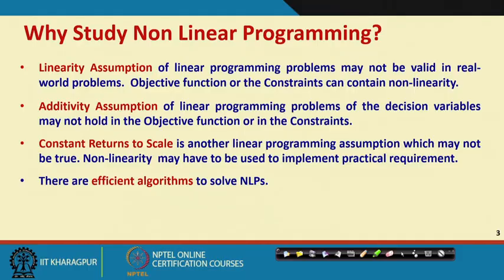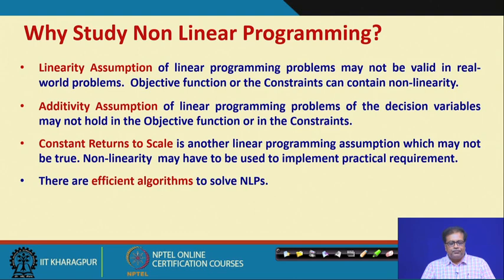So we might put a constraint 2x1 plus 3x2 less than or equal to 40. While we write this constraint, there is an inherent assumption that we can add 2x1 and 3x2. That means they really consume the same resource in that proportion. But supposing they just cannot be added in that manner, that means the additivity assumption is not holding. So that could be another assumption that may not work.